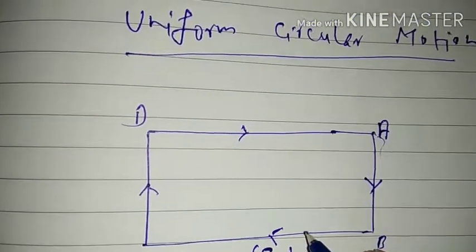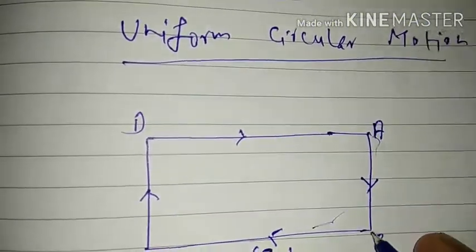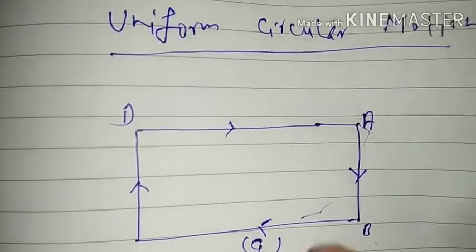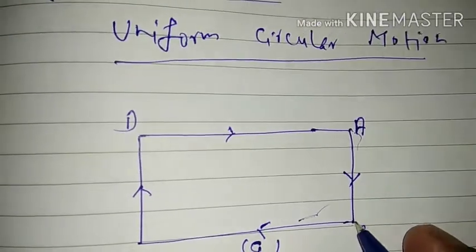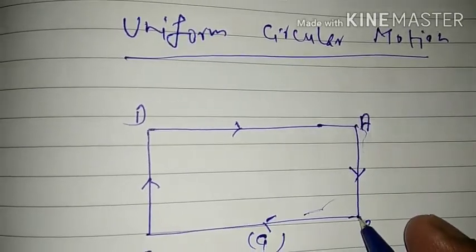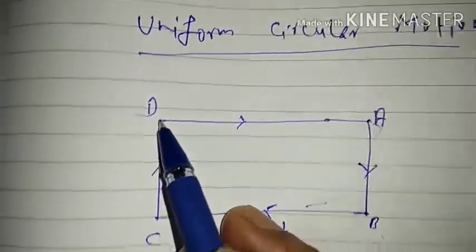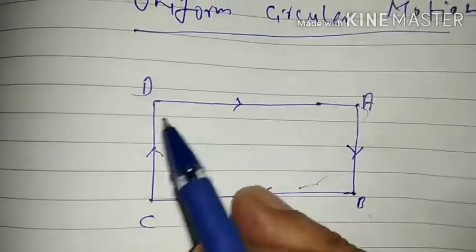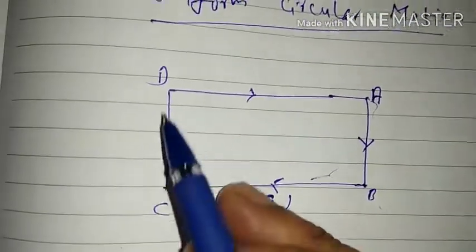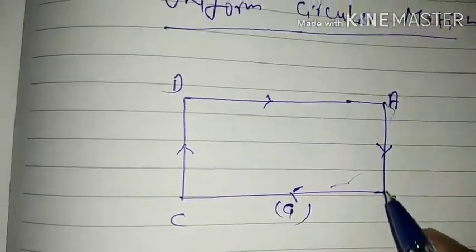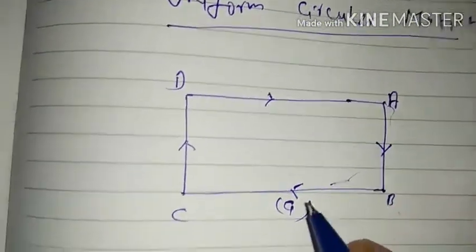On a rectangular path, the object changes direction 4 times in one complete rotation. First, the object changes direction at point B, then at C, again at D, and finally at A. So on a rectangular path, if the object moves uniformly, the direction changes 4 times.